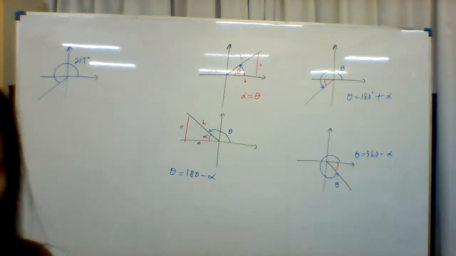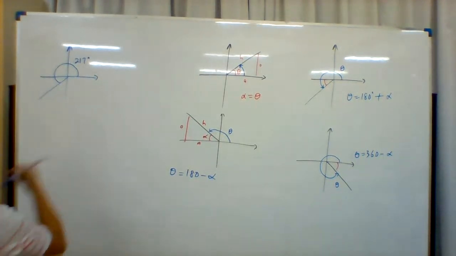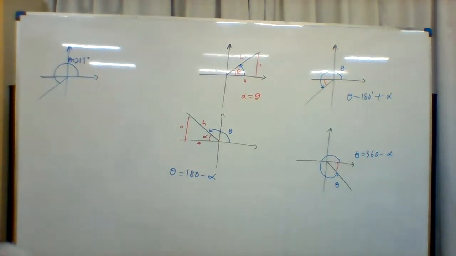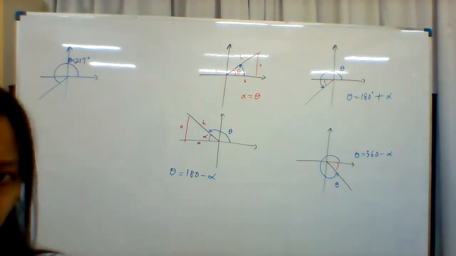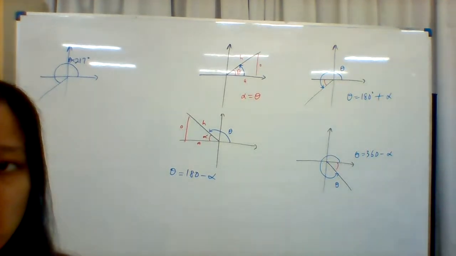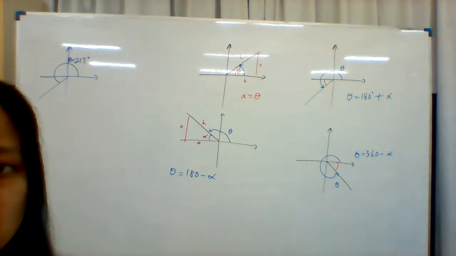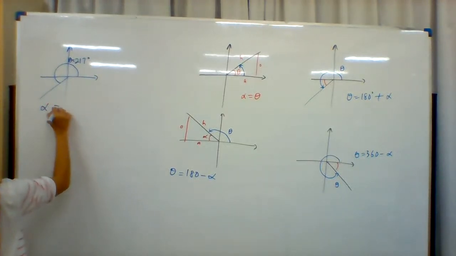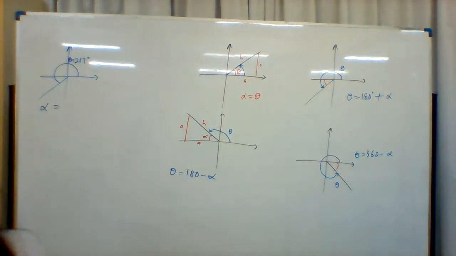Okay, so let's say they tell you your theta equals 217. So we know that it will lie in the third quadrant, right? And then let's say they ask you to state the value of your basic angle. So I want you to find for me, basic angle equals what?